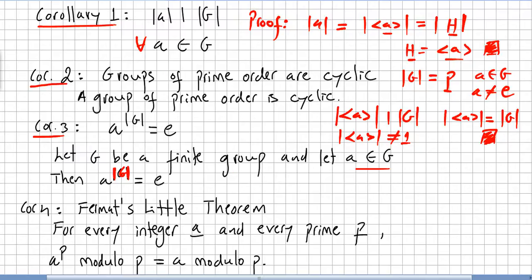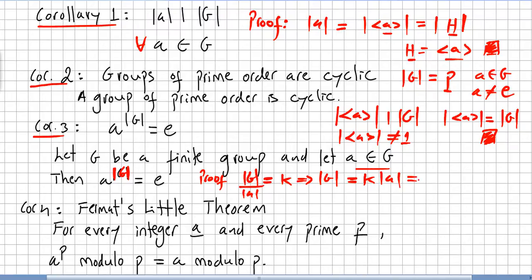Taking corollary number 1, the order of any element will divide the order of G, right? So, proof. The order of A will divide the order of G. So let us say we get K. Okay, so the order of G will be equal to K times the order of A, right?